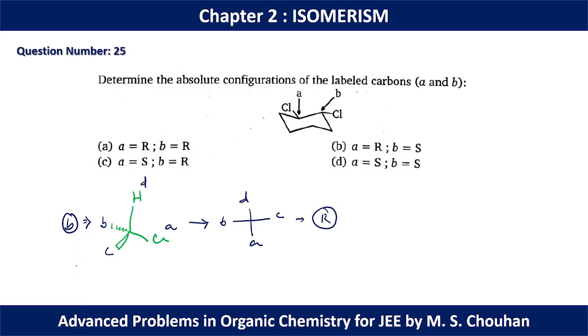Next, if we closely look at the second part of the molecule, we can have a chiral center like this for A. This is C, this is B, and if we draw the same Fischer projection, it will again become R in nature. Okay, so A center is R, B center is also R, so option A should be the correct option for question number 25.